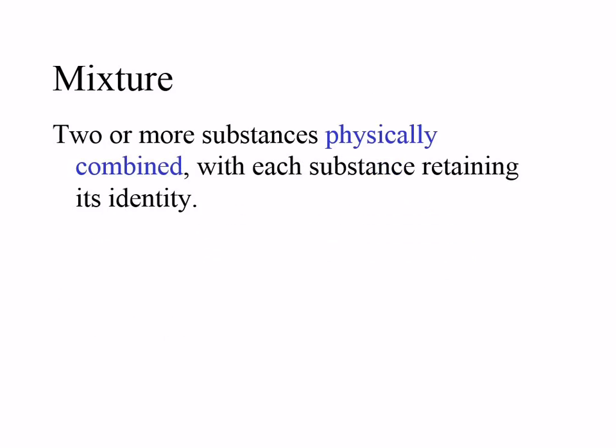A mixture, like I said, is two or more pure substances that are just tossed together and physically combined. They're close to each other, those little pure substance molecules or atoms, but there's no chemical bond sticking them together. No chemical bond.